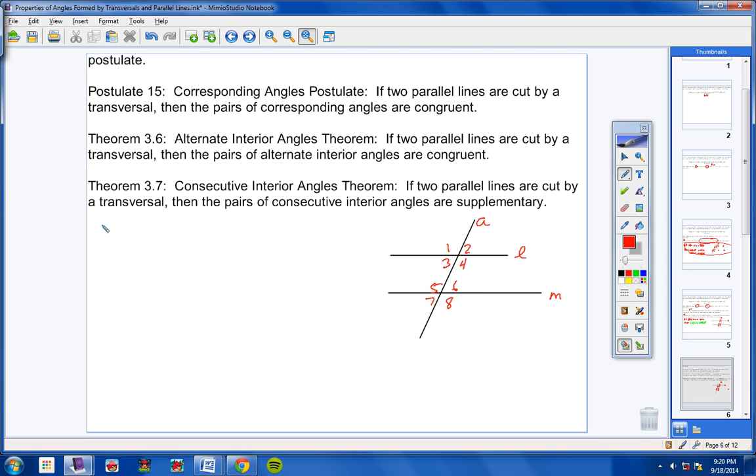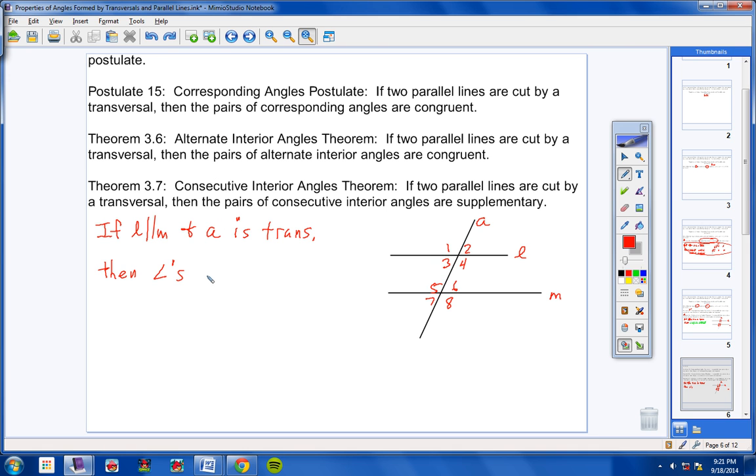And here we go. If L is parallel to M and A is a transversal, which it is, then, now be careful here, then the consecutive interior angles are supplementary. So 3 and 5 are consecutive interior angles.